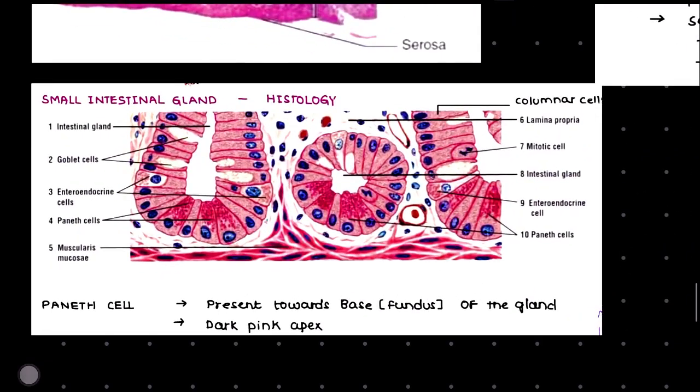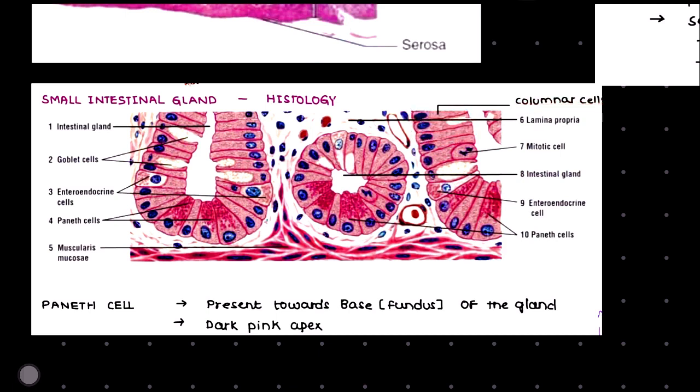Here the first thing we need to look at is enterocytes. What are enterocytes? These are the cells in our intestine. These are long cells, or columnar cells.